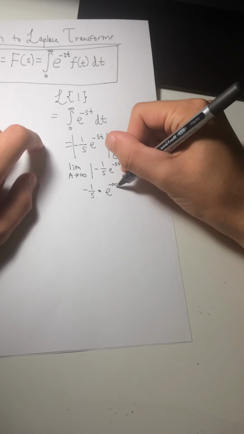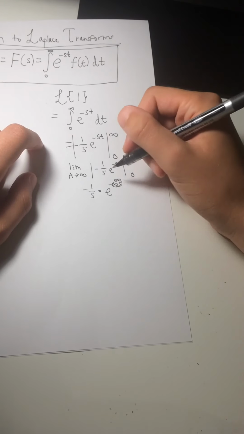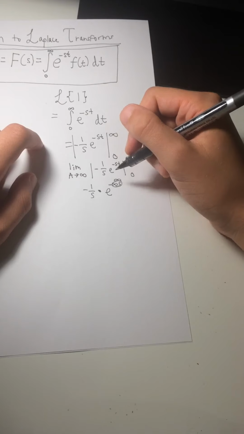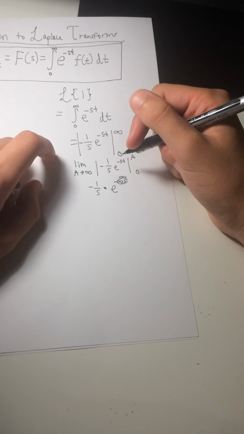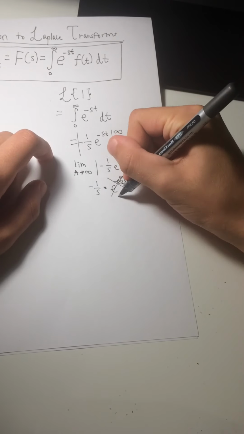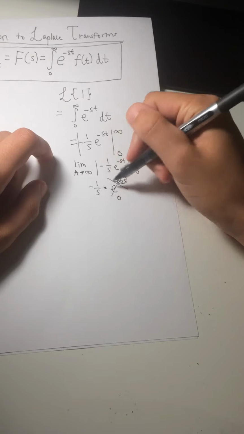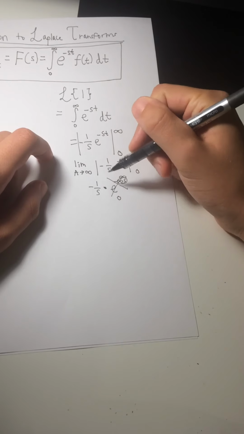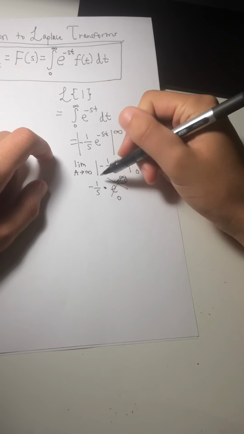But then you just know that there's no useful expression for e to the power of minus infinity other than just 0. So then this is just 0.